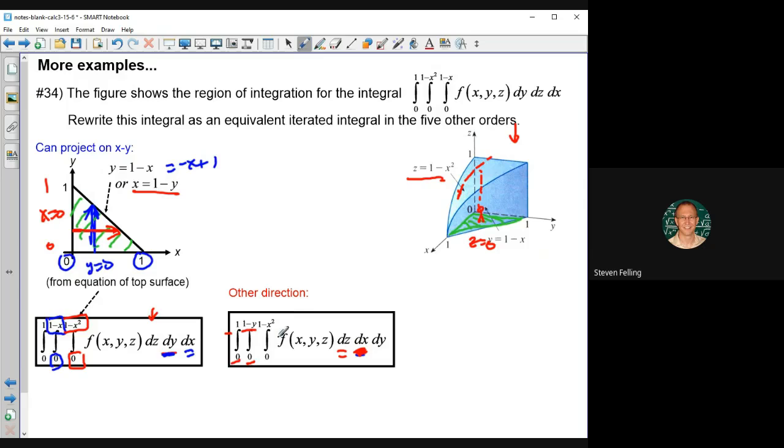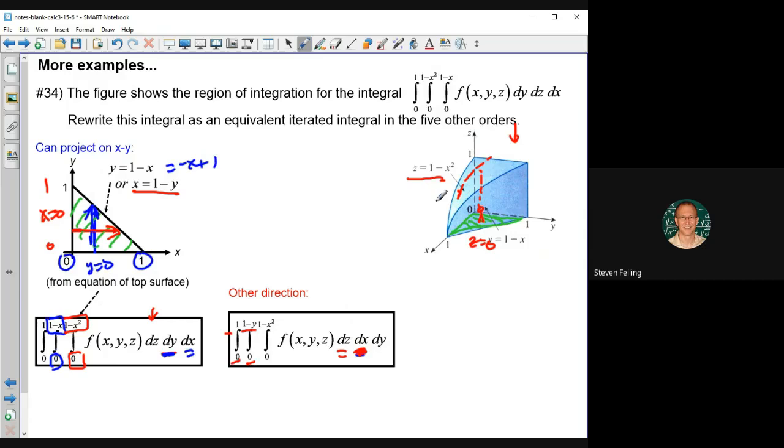And then the inner would still be the same on the three-dimensional drawing. You're starting at the xy plane and hitting your head on this single curved surface here. So not too bad to switch it to projection on the xy plane, which is equivalent to doing the inner integral in z.